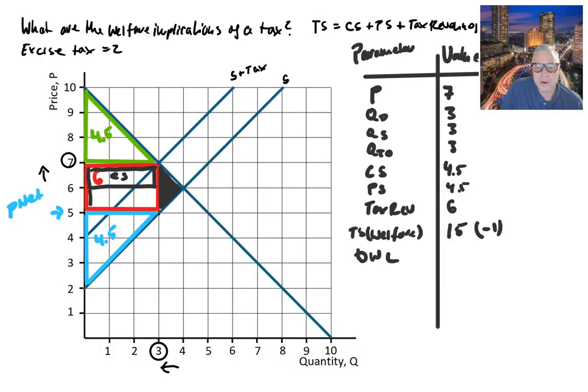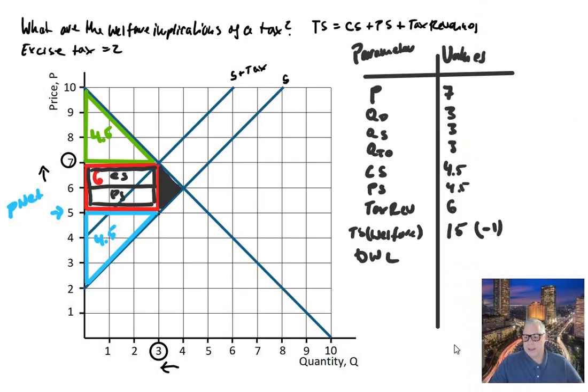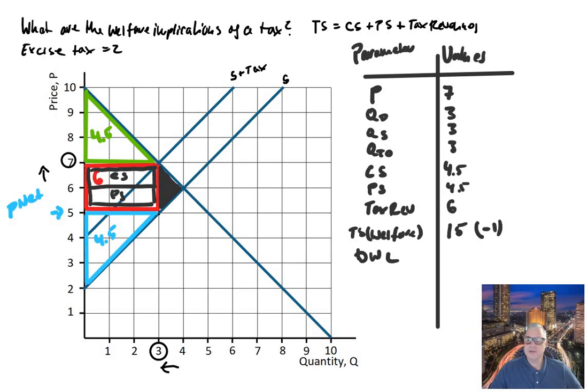The lower one used to be former producer surplus, each of 3. So the tax revenue is just a redistribution of welfare from consumers and producers to the government, which is why we count it.